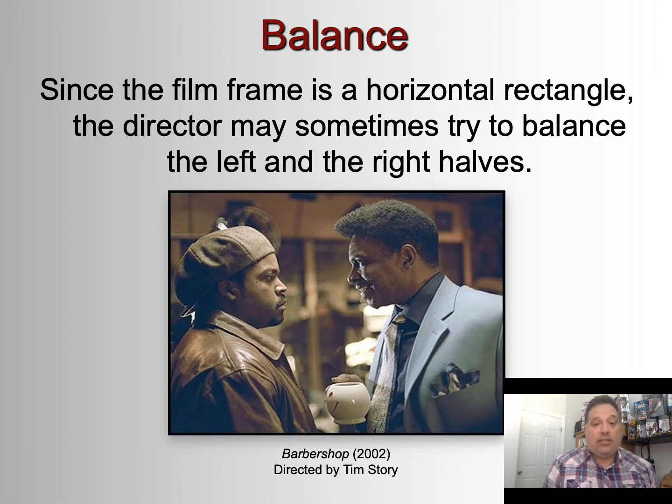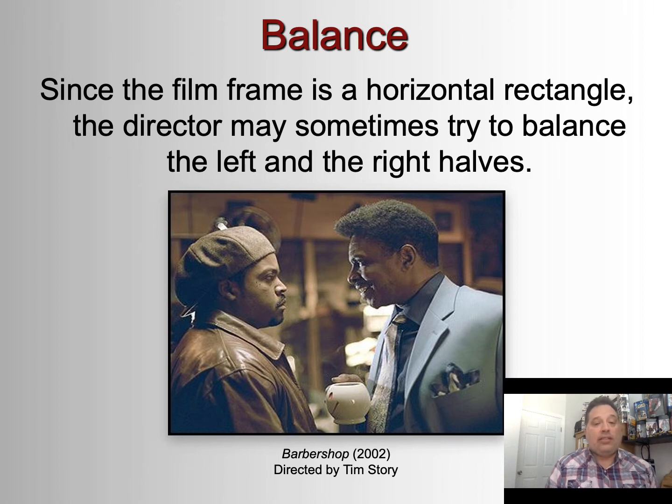Balance is one of those elements. The film frame is a horizontal rectangle, sometimes a square, but mostly a horizontal rectangle. The director may sometimes try to balance the left and the right halves. So in this case, we have sort of balance in the scene, but the actor on the right is leaning forward just a little bit, and the actor on the left is leaning back.